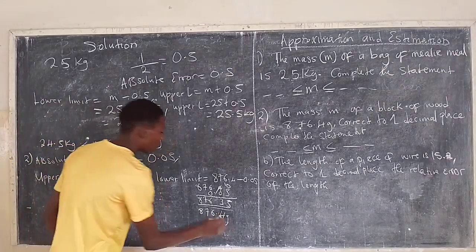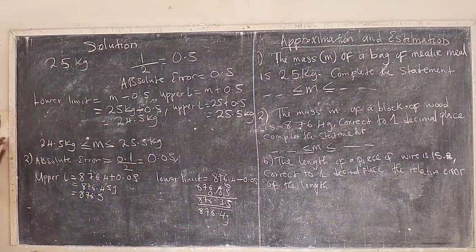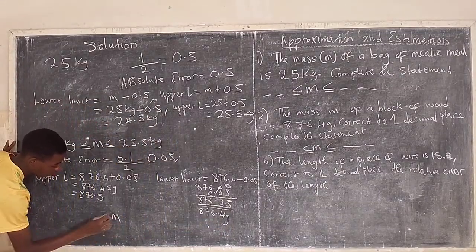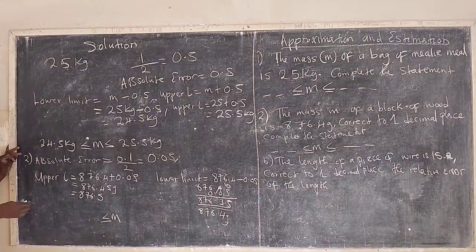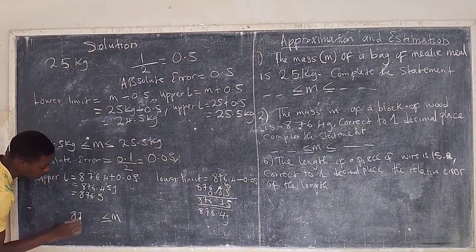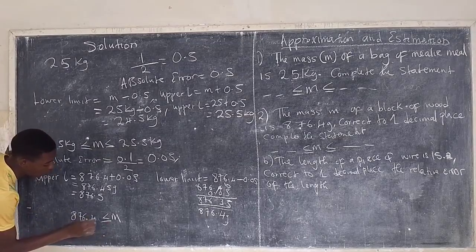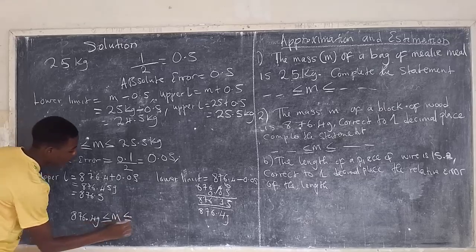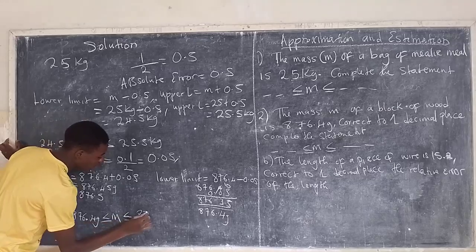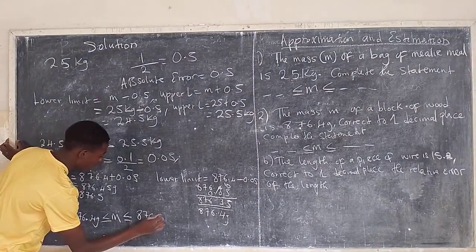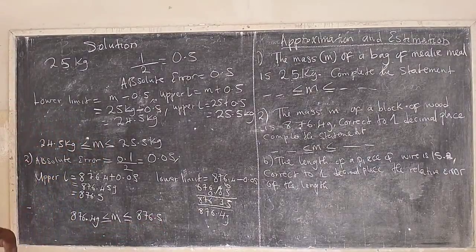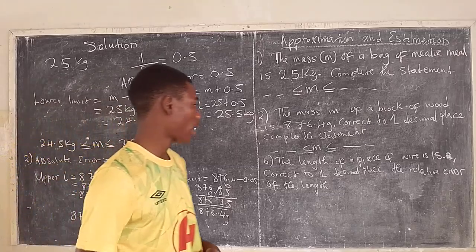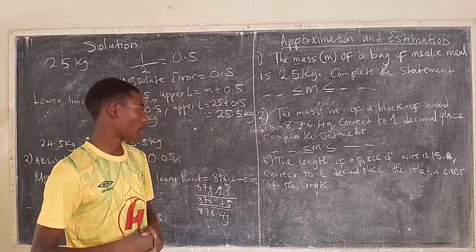So to complete our statement, we are going to do the same. The mass here, less or equal to, the lower limit should be 876.4 grams. Then the upper limit should be 876.5.